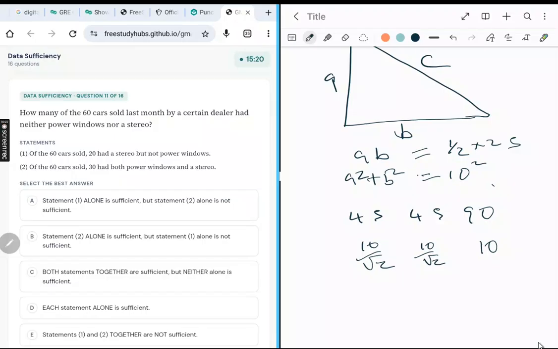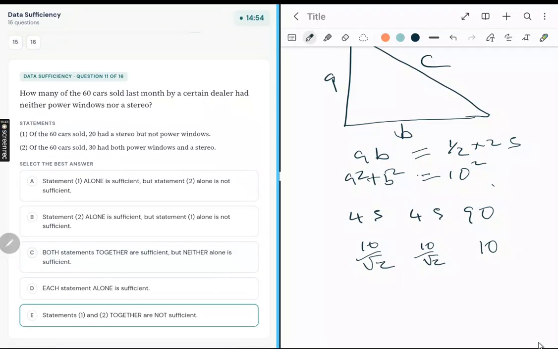So this is pointing to not being sufficient. What if it is sufficient? So, but time is going.